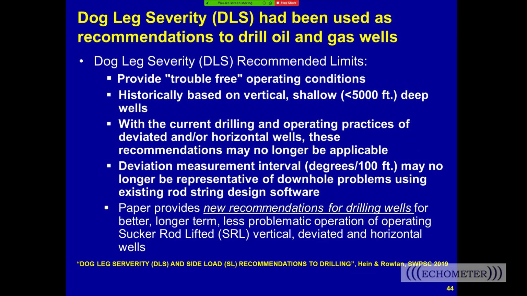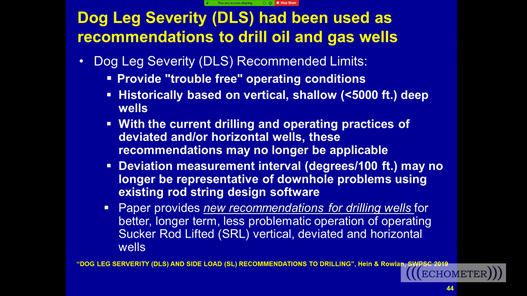Now, this is the reference out of this paper, and the paper is also on the first page. And the original idea was that we would have trouble-free operation by having some rule of thumb limits. Usually the wells were less than 5,000 feet. And we measured the change in angle over 100 degrees per 100-foot stations.